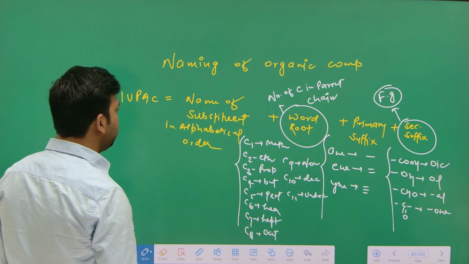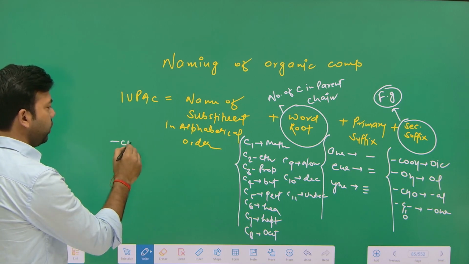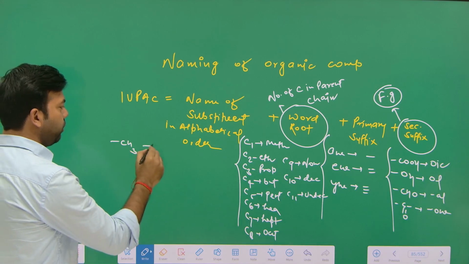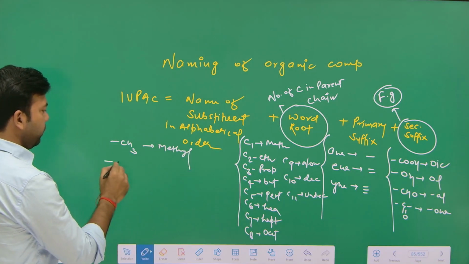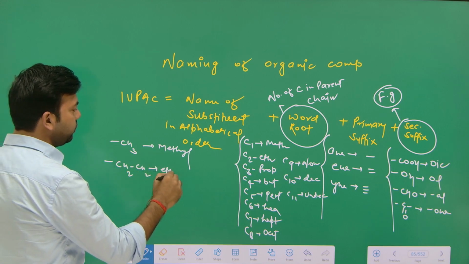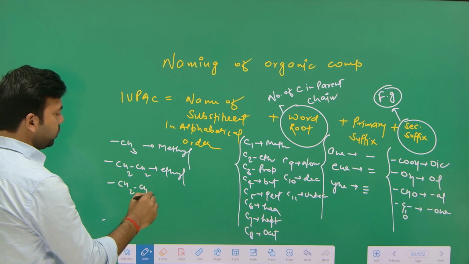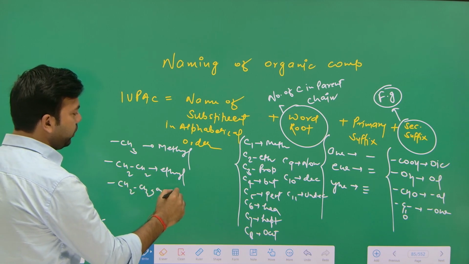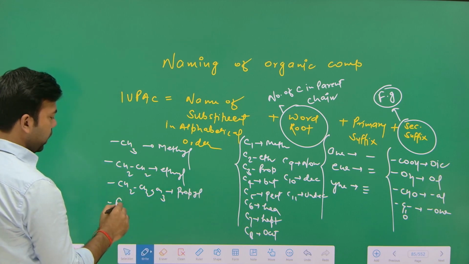So what is substituent in alphabetical order? Substituent means branch. Suppose you have just one carbon branch, this is called methyl. If we have a 2 carbon branch like CH2CH3, this is called ethyl. If we have a 3 carbon branch CH2CH2CH3, this is called propyl. And if you have a fluorine, this is called fluoro.